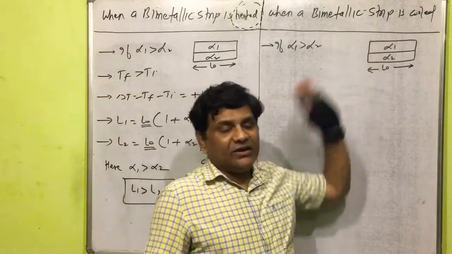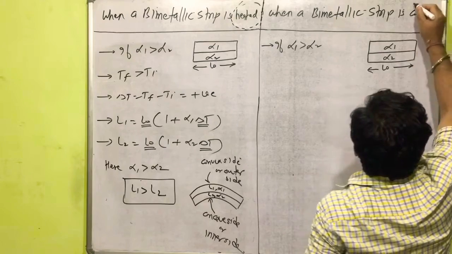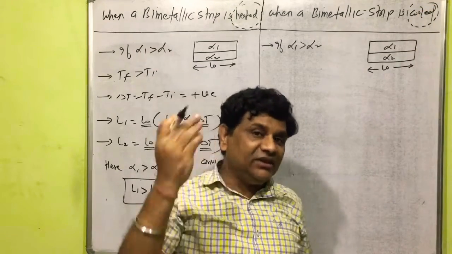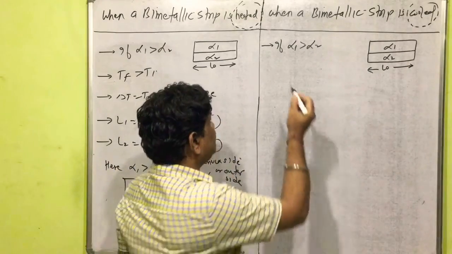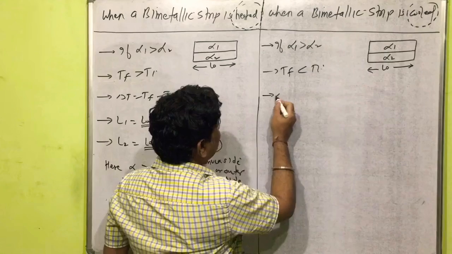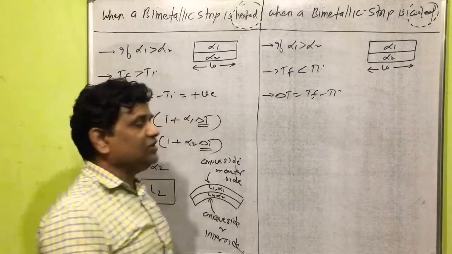Now, when a bimetallic strip is cooled, we are taking a condition here. Cooled means T final is less than T initial. Change in temperature is always T final minus T initial.